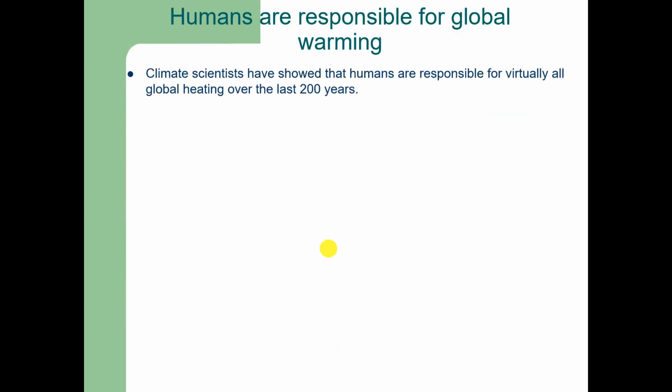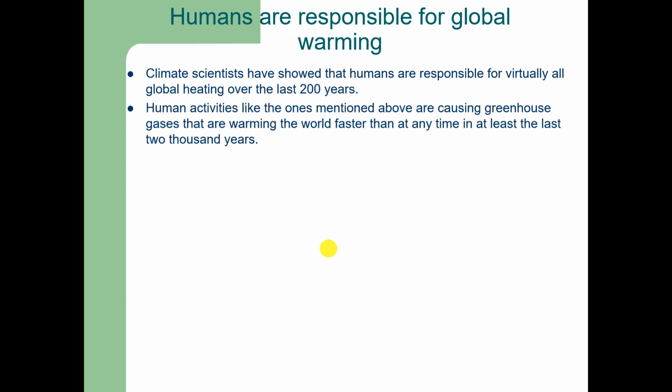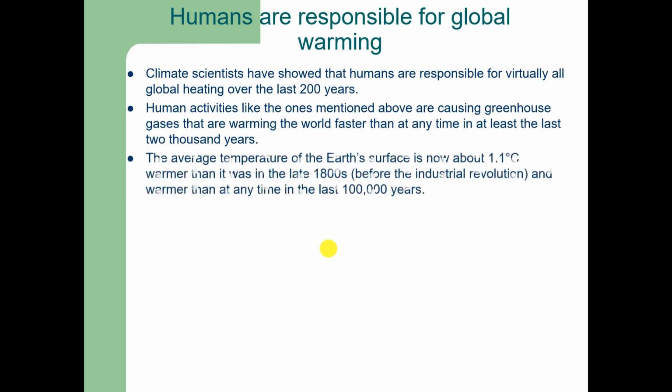Climate scientists have shown that humans are responsible for virtually all global heating over the last 200 years. Human activities like the ones that we mentioned above are causing greenhouse gases that are warming the world faster than at any time in at least the last 2000 years.